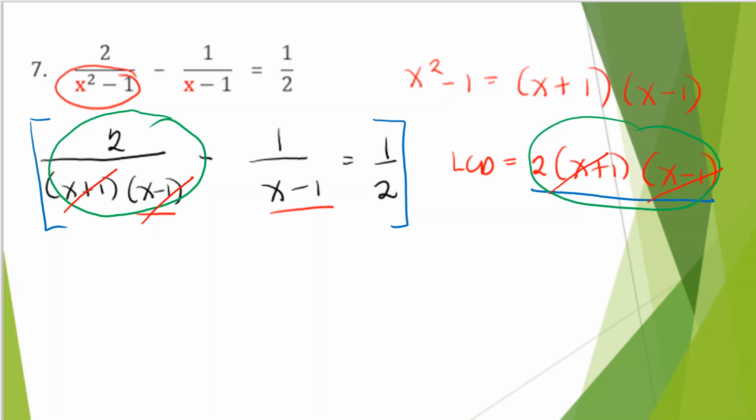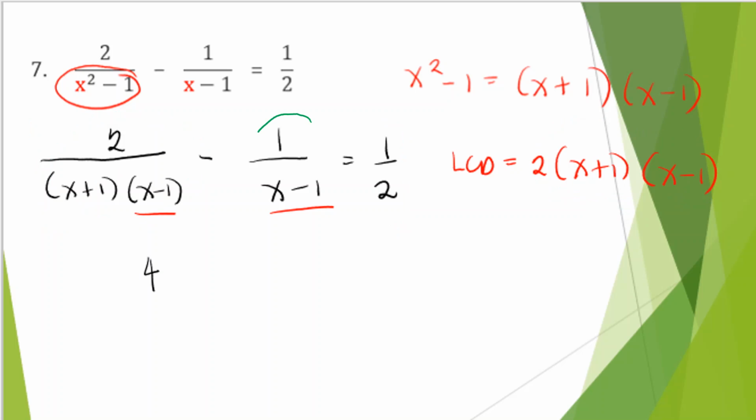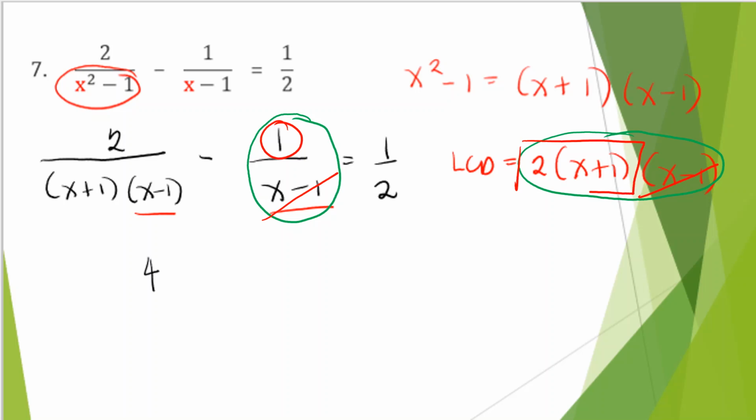So we have 2 multiplied by 2, we have 4. So the next step is to multiply the second term with the LCD. As you can see, we can cancel x minus 1. So we have 1 and 2 times x plus 1.